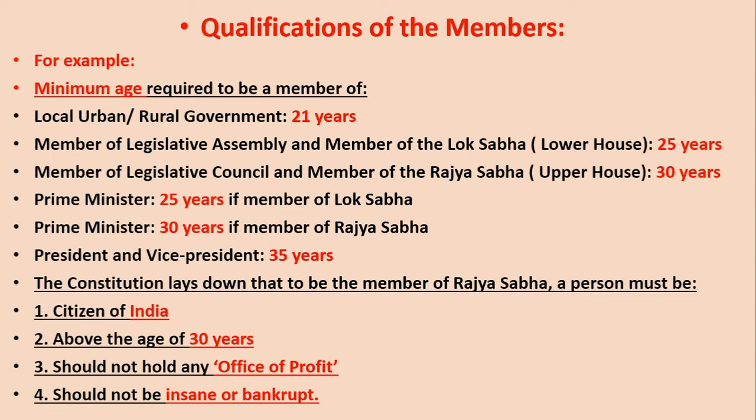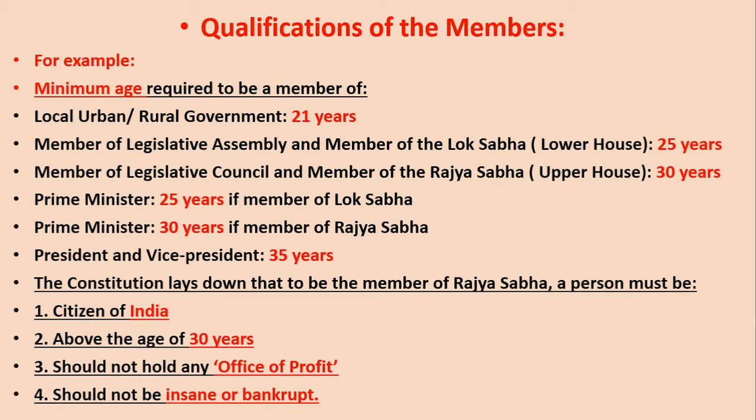At the bottom level, there is a local government both at urban level and rural level. Here, the minimum age required to be the candidate is 21 years. Yes, anyone who is 21 years can contest elections for urban or rural local government.